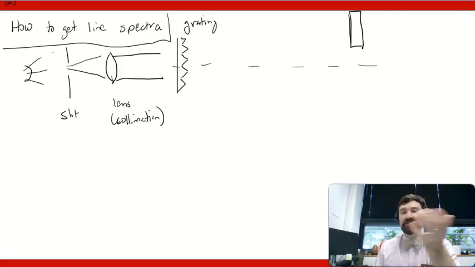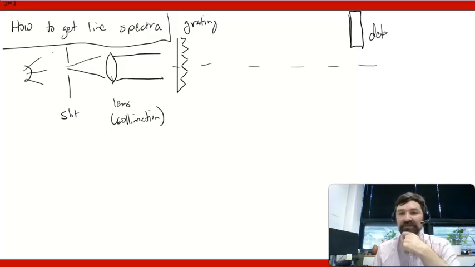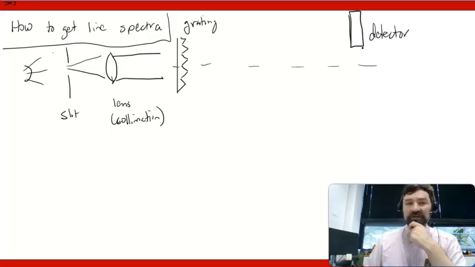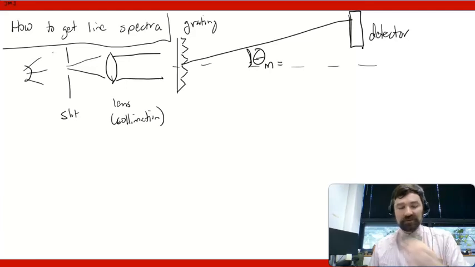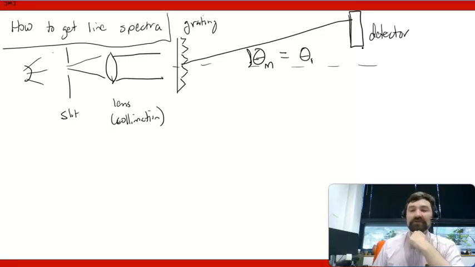At 0 degrees angle, all light has n equals 0, no problem. So your detector is up here. And maybe one line happens to hit here. This would represent theta of a local maximum. So maybe m happens to be 1, for example. So maybe you're looking at theta 1 of your source.